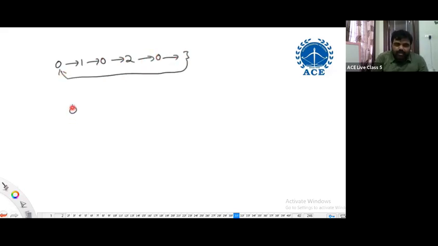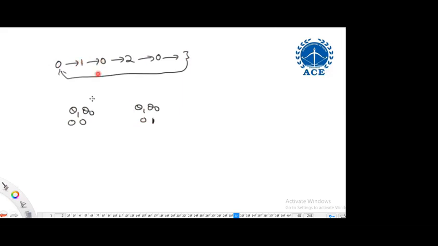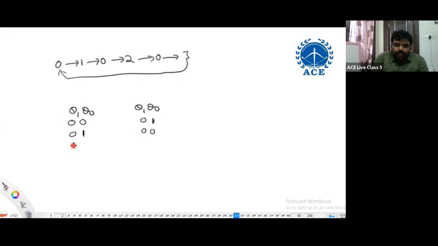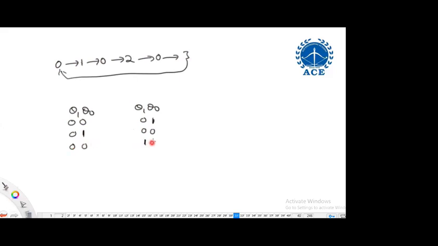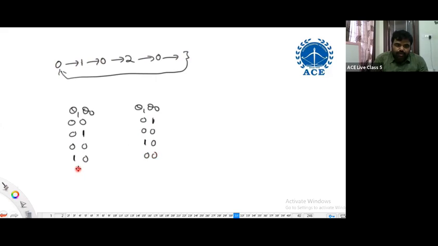If I write states Q1, Q0, the first is 0, 0 to 0, 1. Again from 1 to 0 means 0, 1 to 0, 0. Then 0, 0 to 1, 1, and from 1, 1 to 0, 0, according to the specification.